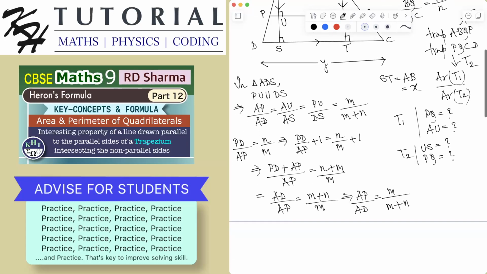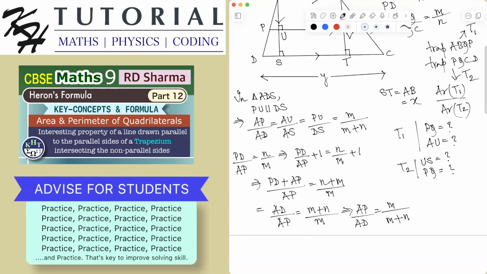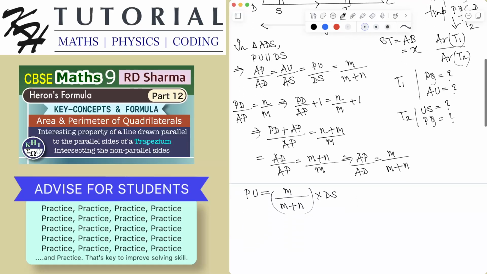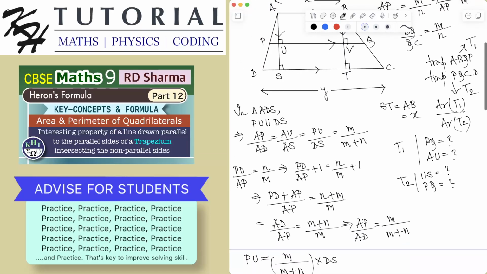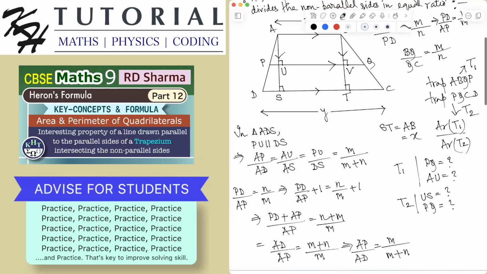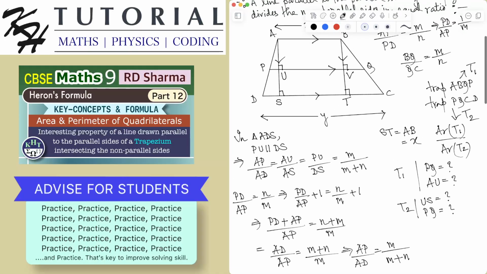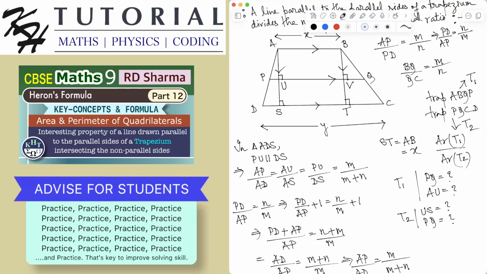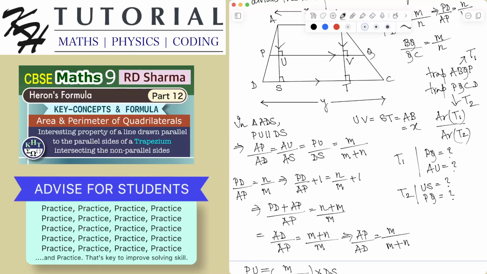So we can say that PU is equal to M by M plus N multiplied by DS. And for UV, we have ST is equal to AB, which is also equal to UV. UV is also equal to ST, equal to AB, equal to S. And what is AU?